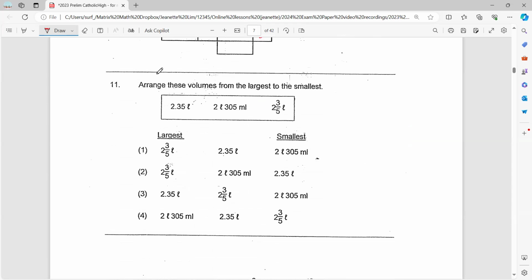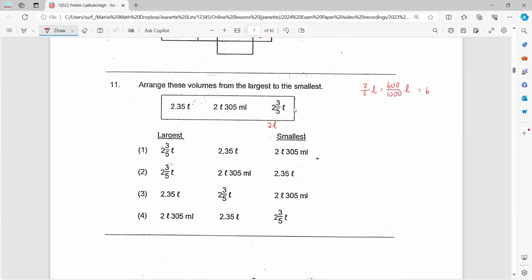Question 11, arrange these from largest to the smallest. So I will change the mixed number to liters and ml so that it's easier to compare. This is 2 liters and 3/5 liters, which is actually 600 over 1000 liters.